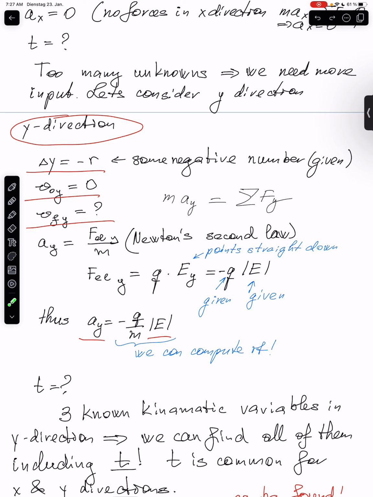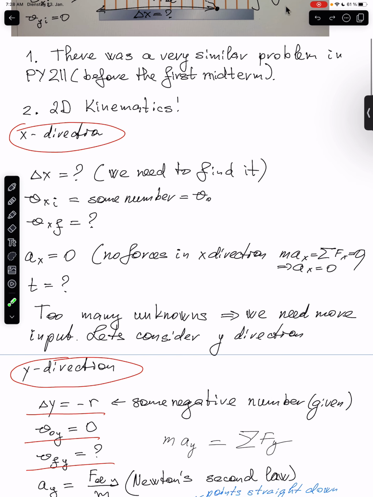Perfect. Now, t here and t in the x direction is a common variable. If we would be able to find t over here, we would be able to substitute it into this part of the problem. So we would know t, then we would know the initial velocity, and we would know the acceleration.